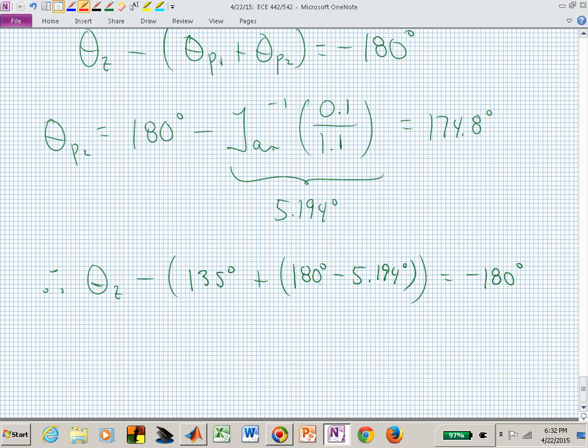So that now I can actually say that cancels that, because I'm pulling that minus sign through the parentheses, and theta sub z is now 135 degrees minus that 5.194. That's now 129.8 degrees. So the angle of the zero of my PI controller needs to contribute about 130 degrees.